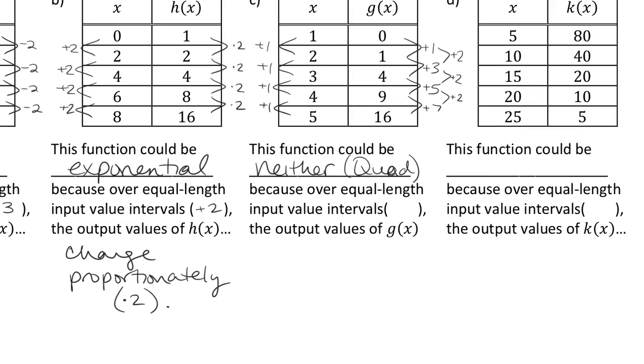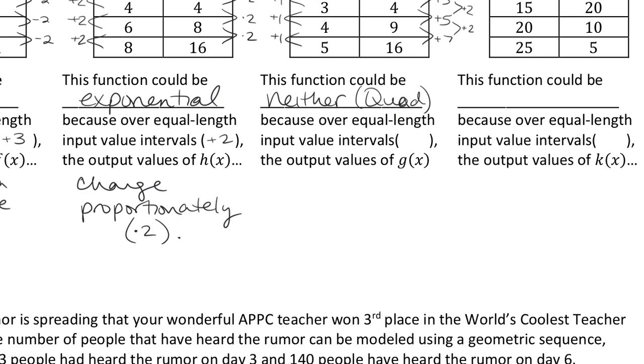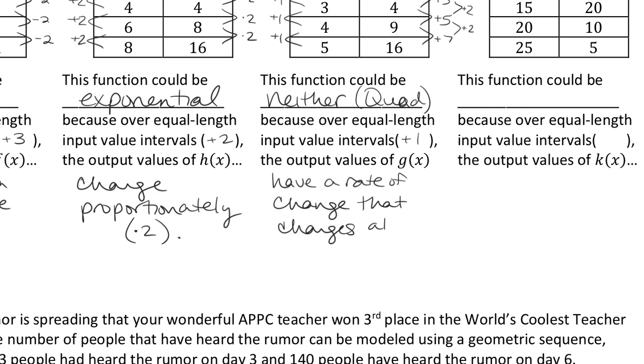And if I'm going to be sturdy enough to ask you about quadratics later, which I will, the function could be quadratic because over these equal length input value intervals, which went up by plus 1, the output values of g of x have a rate of change that changes at a constant rate.